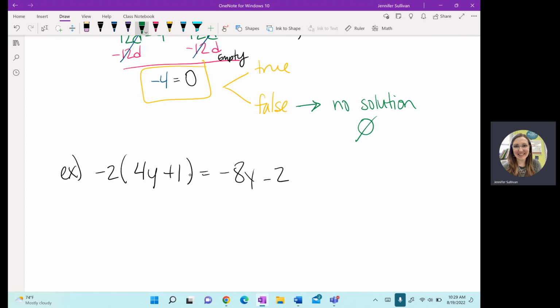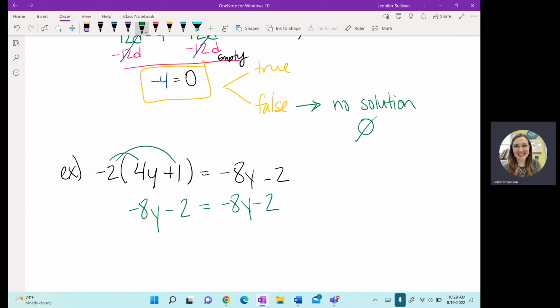All right, I see parentheses over here. So how do I undo that? Distribute. Negative 2 times negative 4 is negative 8, and the y comes along. Negative 2 times 1 is negative 2. The right-hand side of the equation, we haven't done anything with it, so it doesn't change at all.